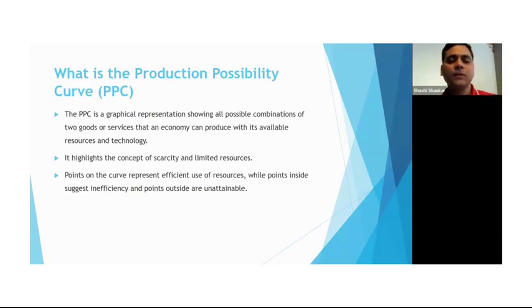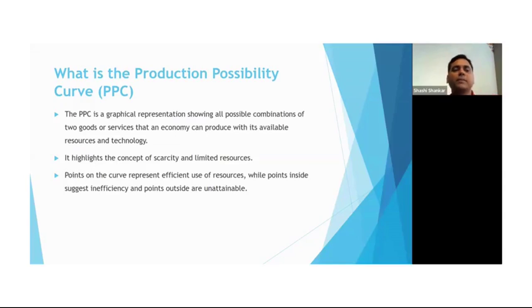The points on the curve represent efficient use of resources, while points inside suggest inefficiency, and points outside are unattainable, that means they cannot be attained.